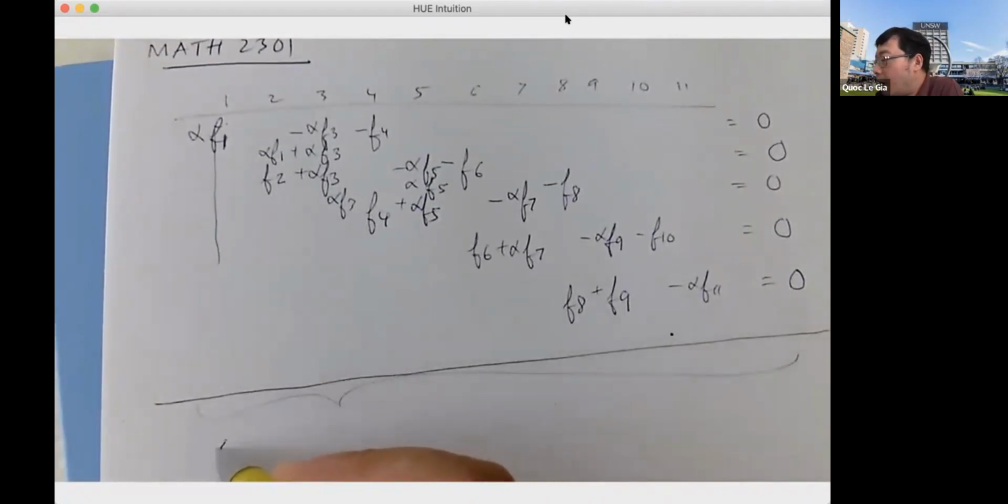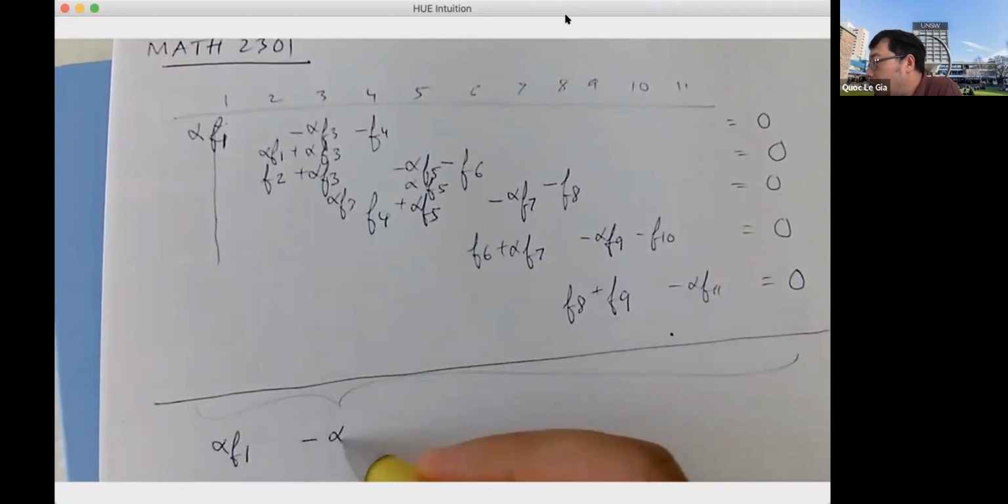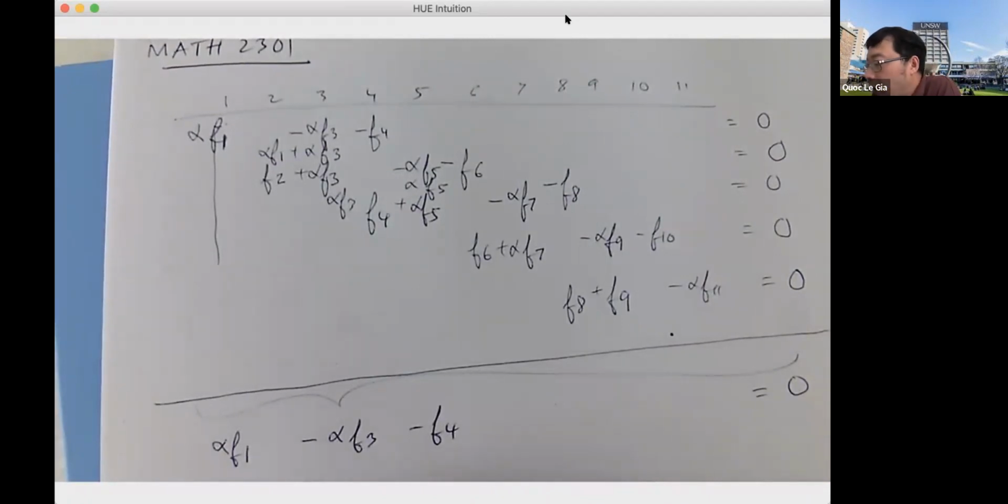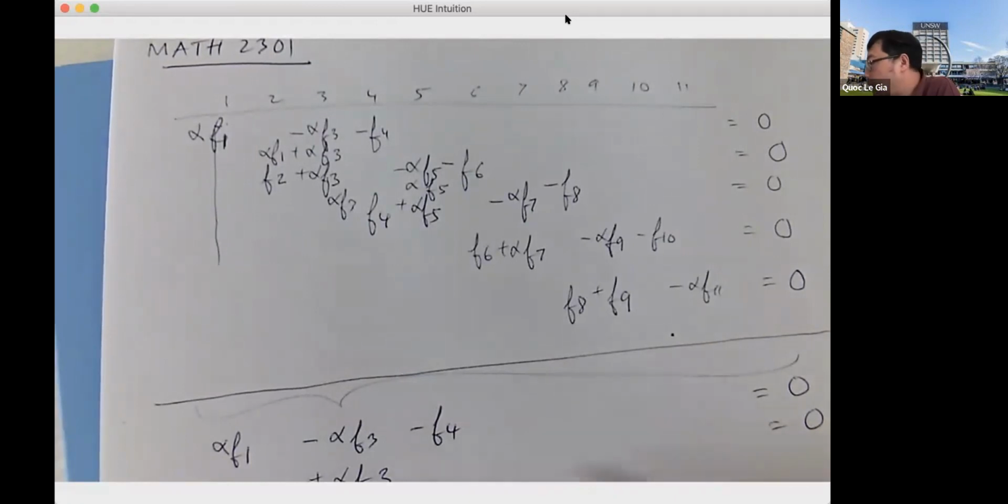Alpha F1 minus alpha F3 minus F4 equals 0. Alpha F1 plus alpha F3 equals 0. F2 plus alpha F3 minus alpha F5 minus F6 equals 0.